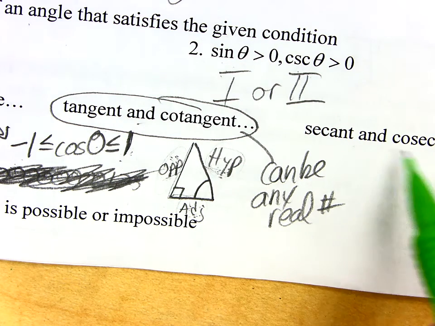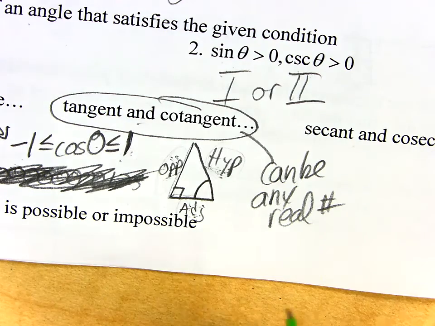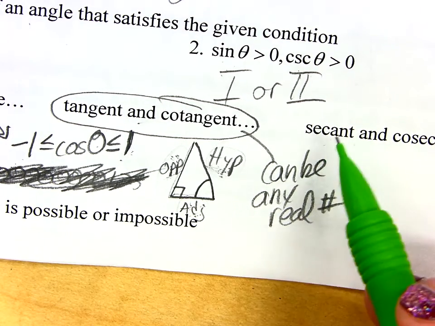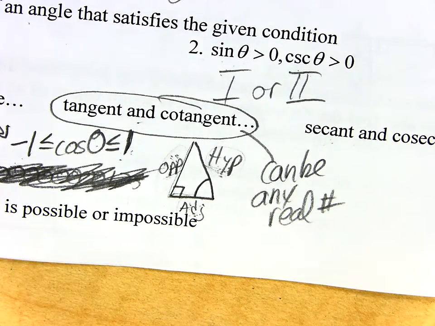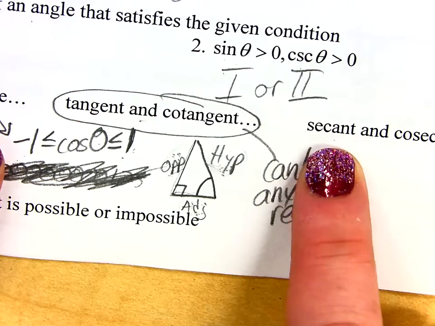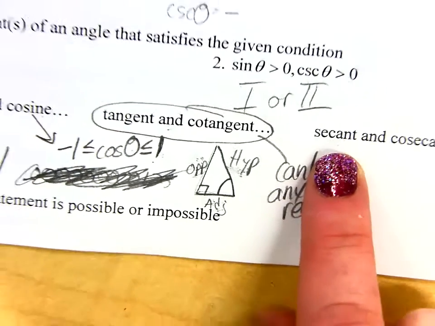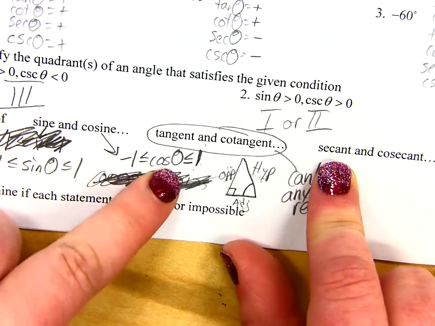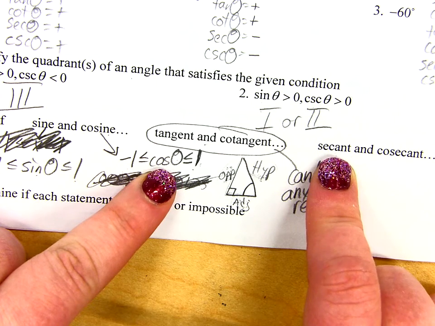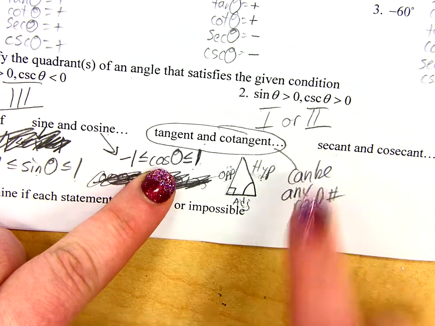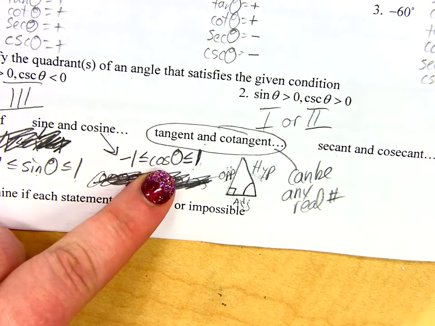Now, for secant and cosecant, this is a little bit more involved. So let's just look at secant for a minute. Secant is the reciprocal of cosine, right? Secant and cosine go together. So if you recall, cosine could be anything between -1 and +1. So let's just say for a minute that the cosine is 2/3.